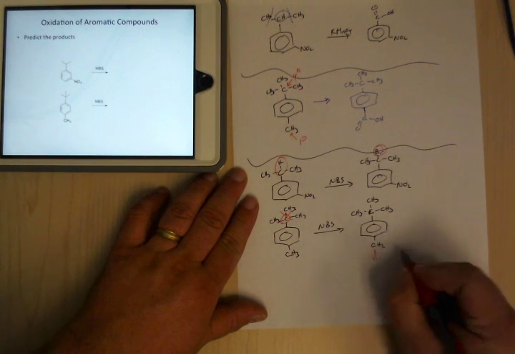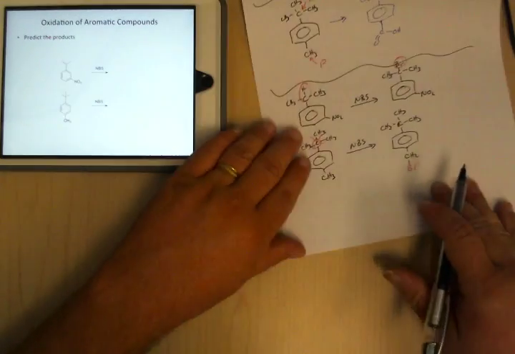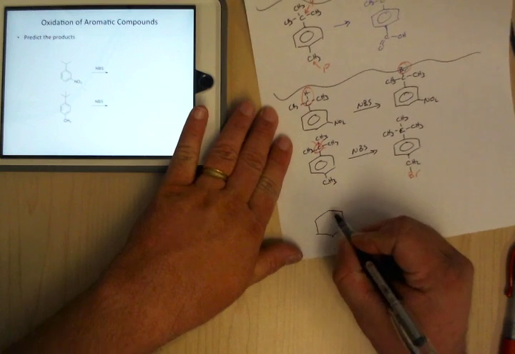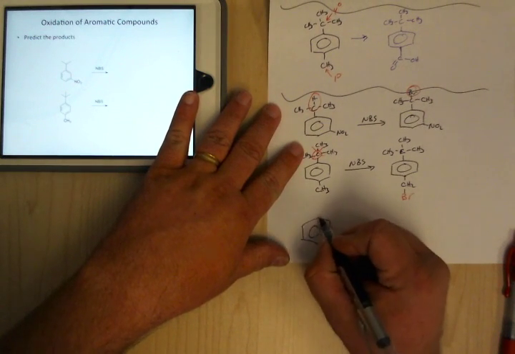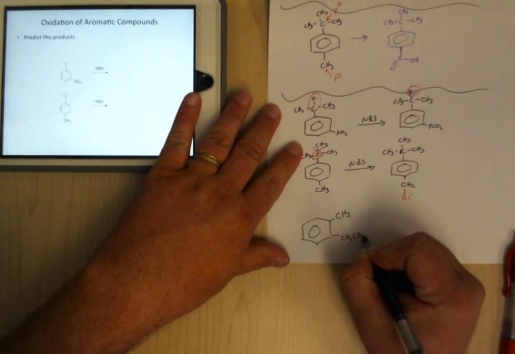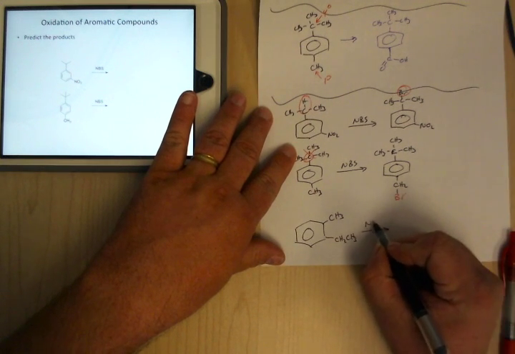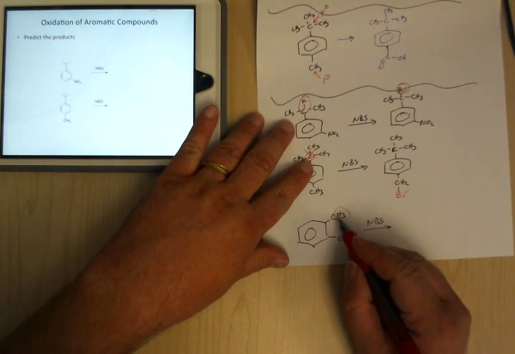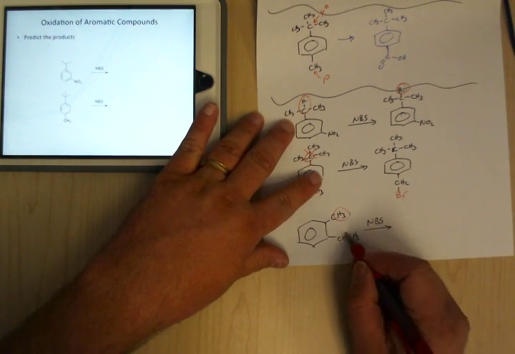Br. Now, if we had multiple ones, so let's say we had CH3 and then CH2, CH3, and we hit it with NBS. Well, this one has a CH2, a carbon hydrogen next to the ring, and so does this one.